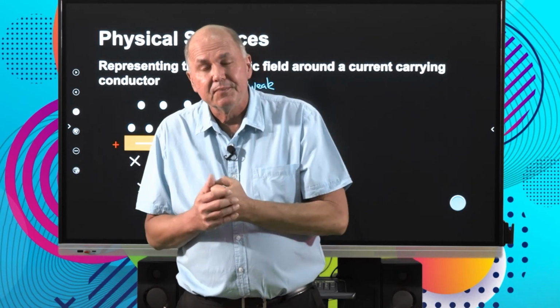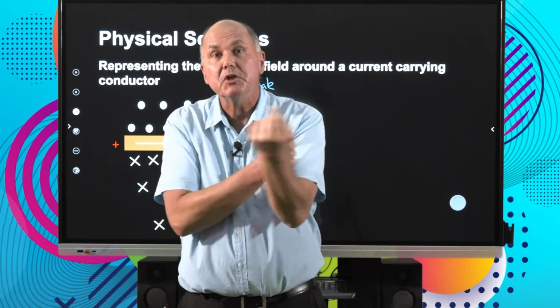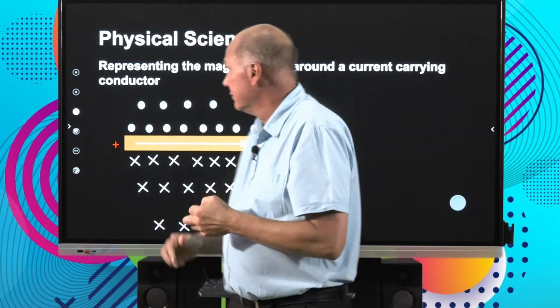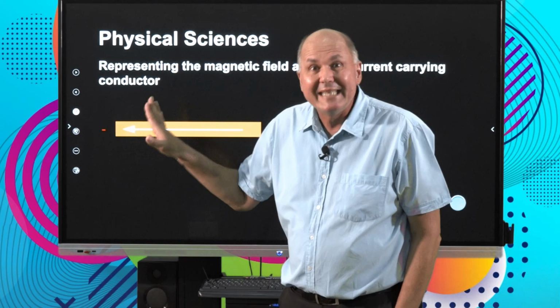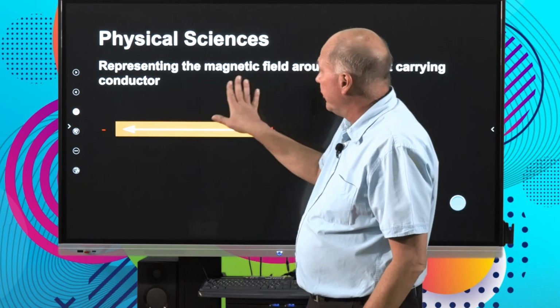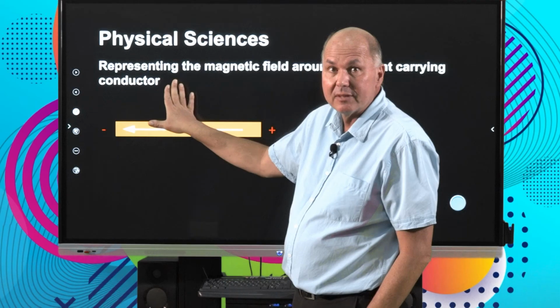The question is, what happens if we switch the terminals? If we switch the polarity of the battery? Well, here we go. Now we've got the positive end on this side, and the negative end on that side. What do you think we're going to do? Well, we do exactly the same as before. But notice what happens now. We put the thumb in the direction of the current.